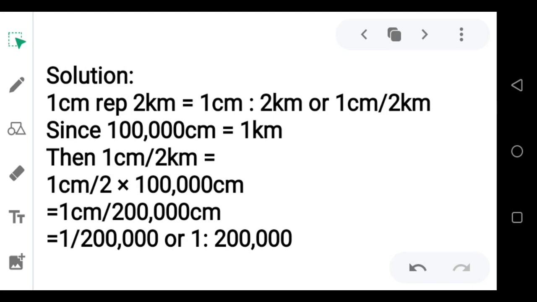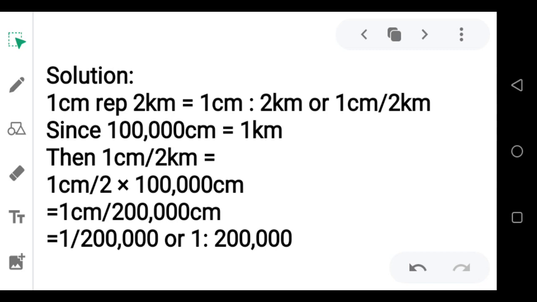If 100,000 centimeter equal 1 kilometer, then 1 centimeter over 2 kilometer is the same as 1 centimeter divided by 2 multiplied by 100,000 centimeter, equal 1 centimeter over 200,000 centimeter. So the answer is straightforward: 1 over 200,000, or 1 to ratio 200,000.